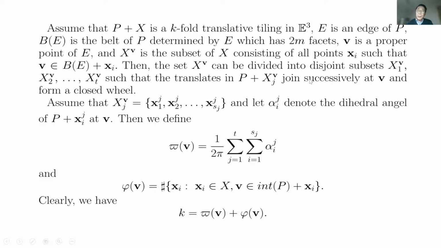We can imagine, since this is a zonotope, we look at the interior point of the edge. Then if it is a k-fold translative tiling, all these translates must be joined properly at this point, just like in the 2-dimensional case. Why does the zonotope work here? Since we need to use the projections. When we project in one direction, then the adjacent wheel, the 3-dimensional dihedral adjacent wheel, is the same as the 2-dimensional case.